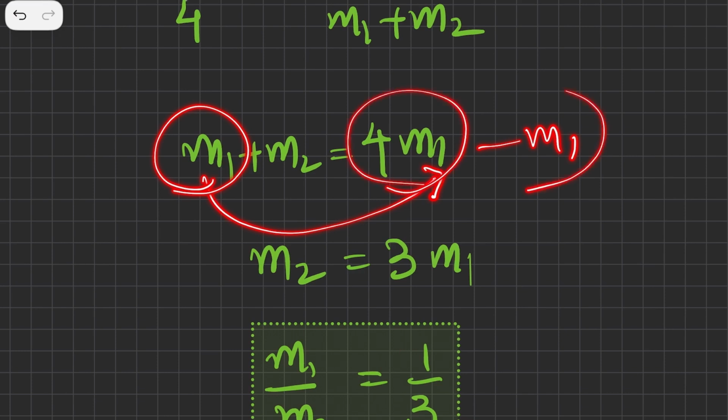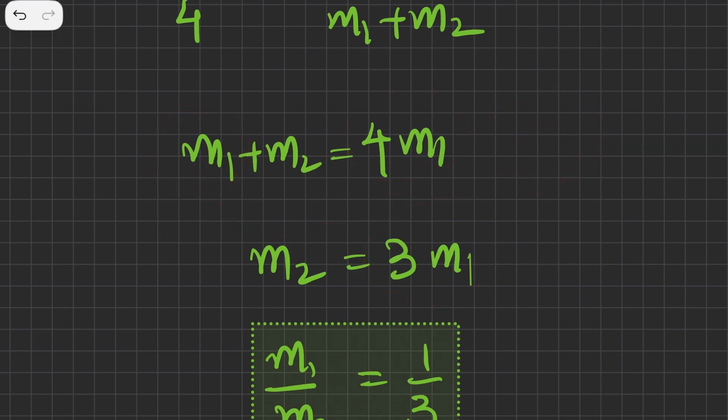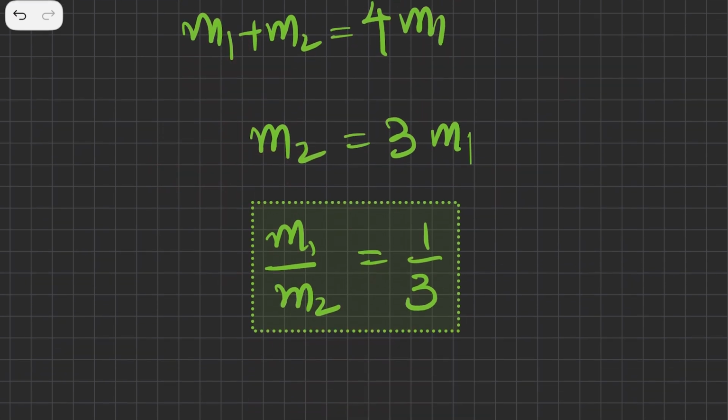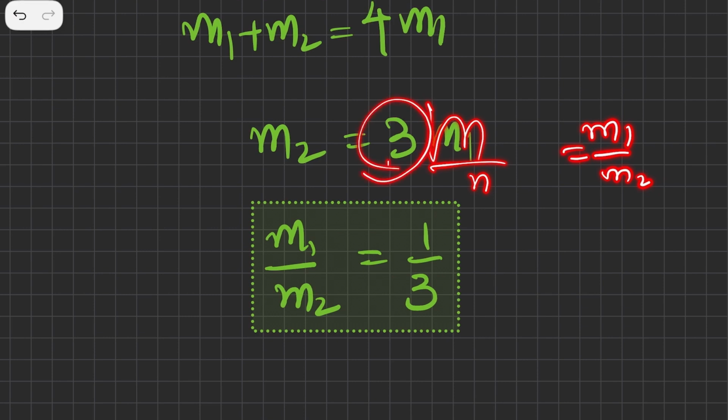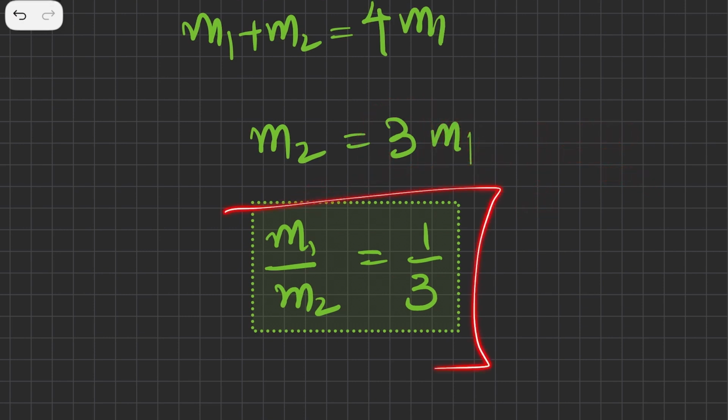So 4 m1 minus m1 gives me 3 m1, and m2 remains alone. Now this m2 comes in the denominator, so I get m1 upon m2, and this 3 goes to the other side, so I get 1 upon 3. So ultimately I get m1 upon m2 is equal to 1 upon 3.